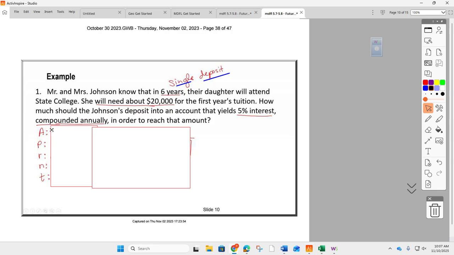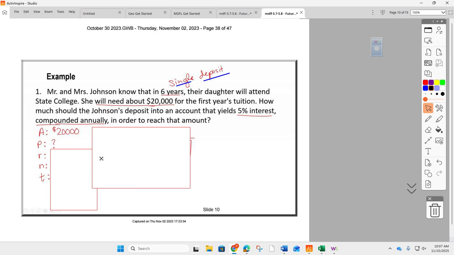Is A a question mark now, or do we know what it is? Yes, A is the $20,000. That is what they want this investment to be worth in 6 years. How much they need to deposit, that's the question mark. So that's how we know we're going to be picking one of the formulas that says P equals, right?